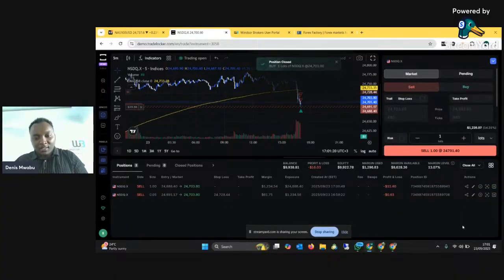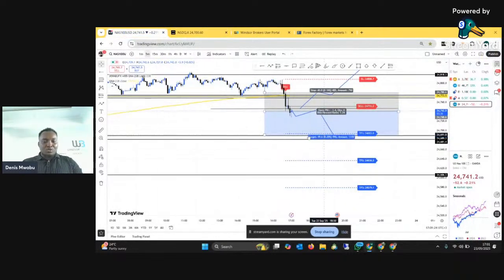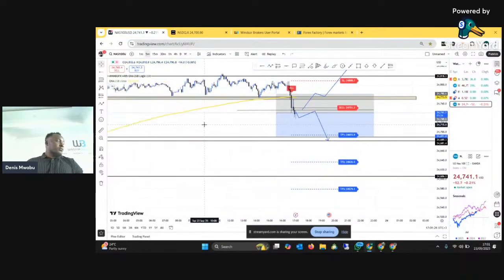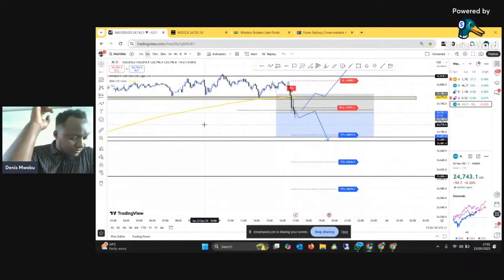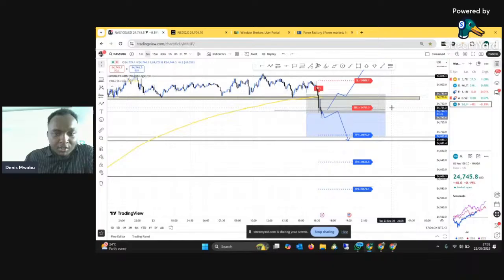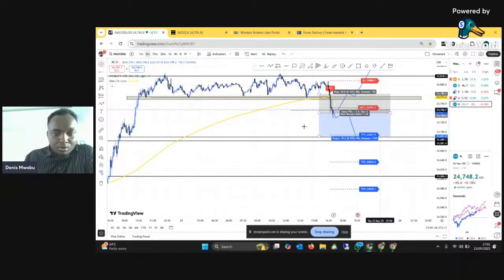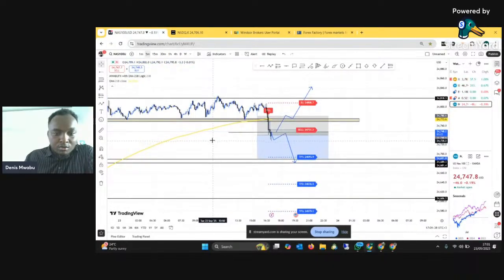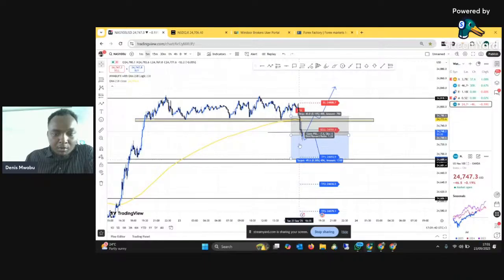I'm losing. Let me divide my trades into two, because this Nasdaq might be a manipulation here.